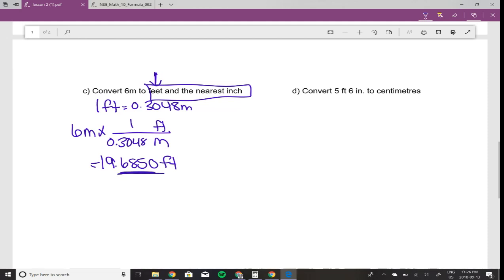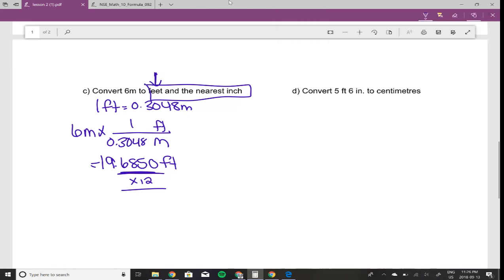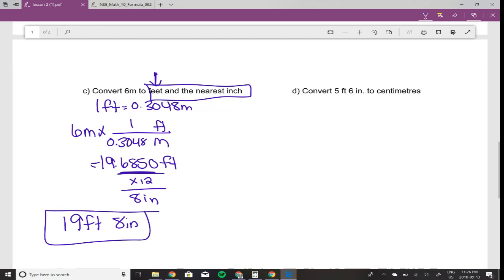This decimal needs to get converted to inches by multiplying by 12. Okay, so 0.6850 times 12, and we get 8.22, which we can round for today because it says the nearest inch. So we have the 19 feet that we found in the conversion, and then the 8 inches that we changed that decimal from. Okay, so 6 meters is about 19 feet and 8 inches.